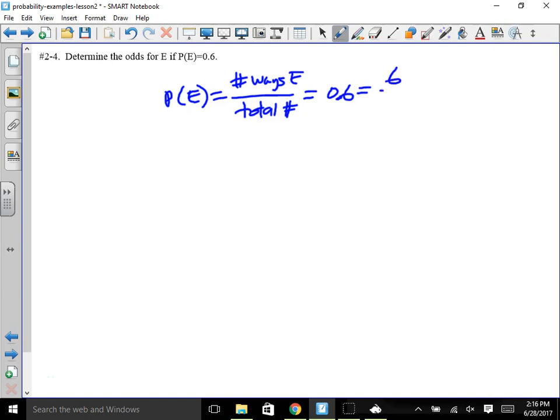0.6 is the same as 6/10. So that's like another way of saying if I have wins and I have losses and totals here, wins, losses, total, if you want to think of that, then this 6 right here identifies the number of wins, and this 10 is really the total number. So that would let us say, okay, well, if there's 6 wins out of 10 total, that means there has to be 4 losses.